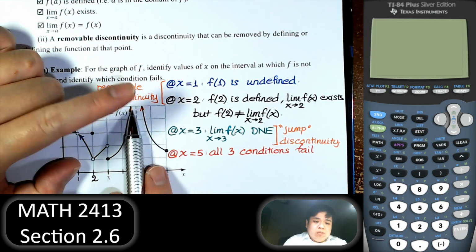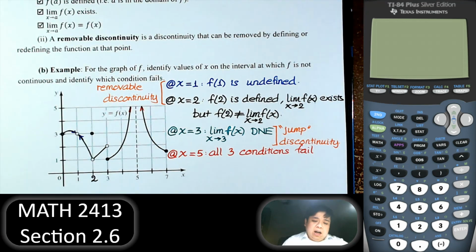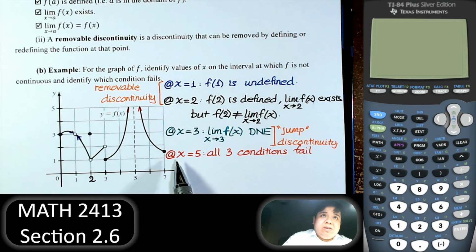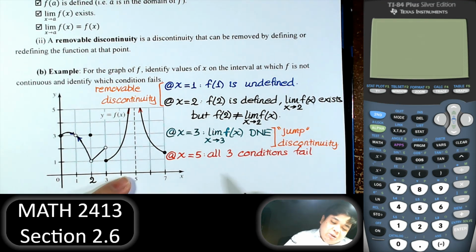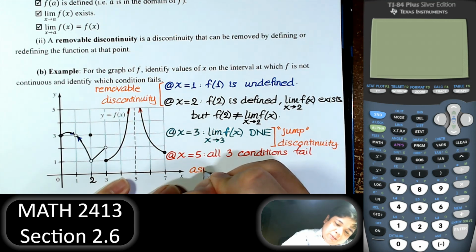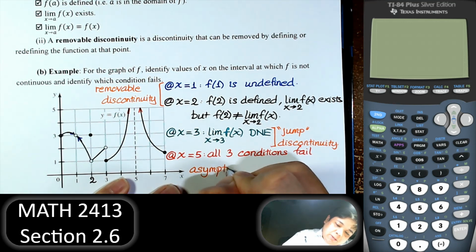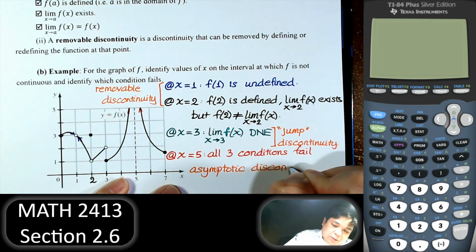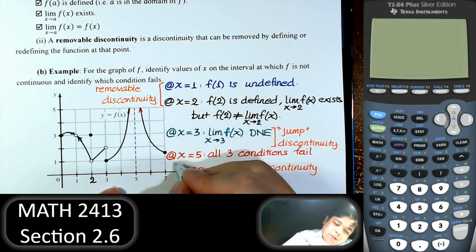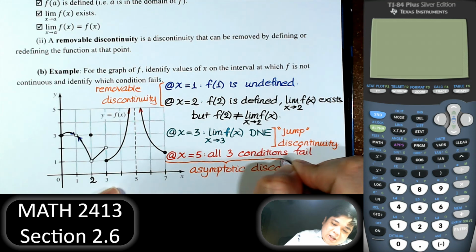And it's also not really a gap here. So the third kind of discontinuity here, when x equal to 5, we call that asymptotic discontinuity. So that is this case number 3 here.